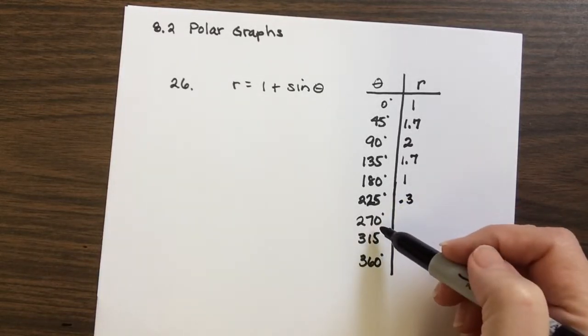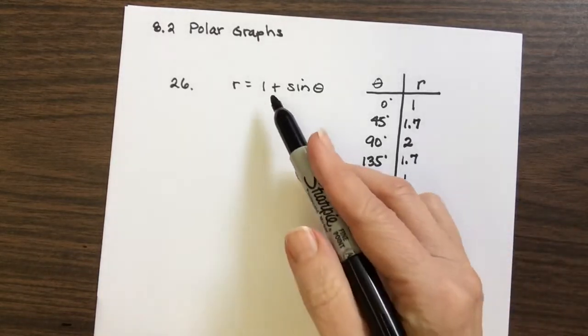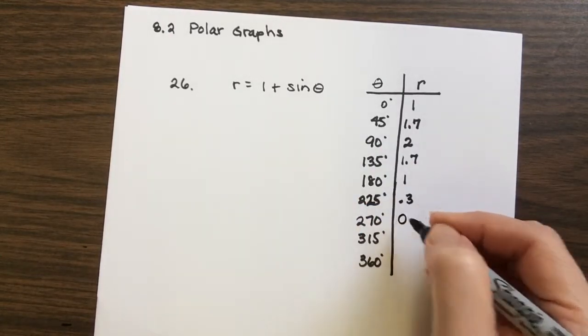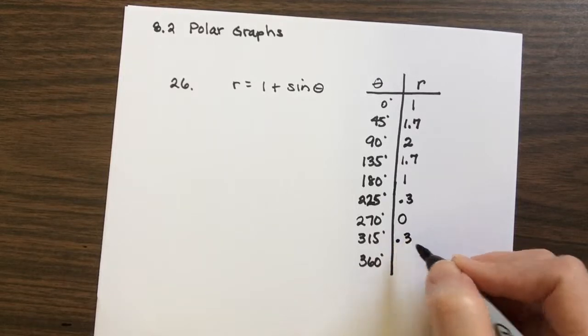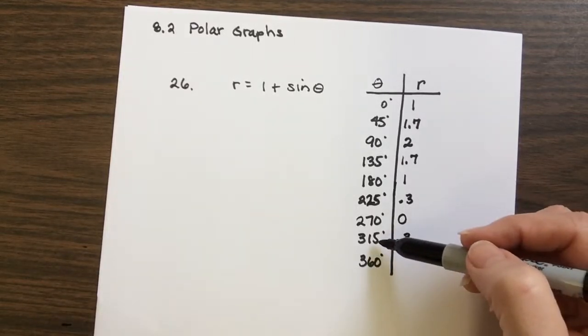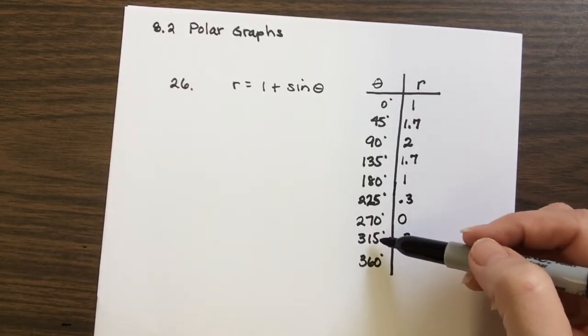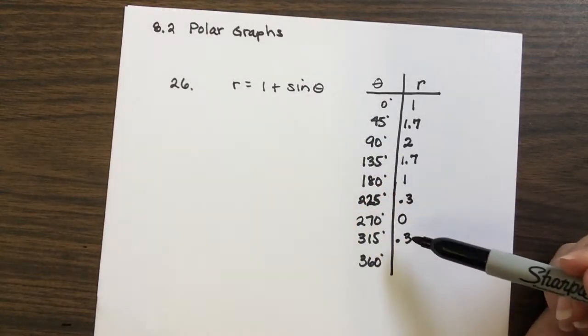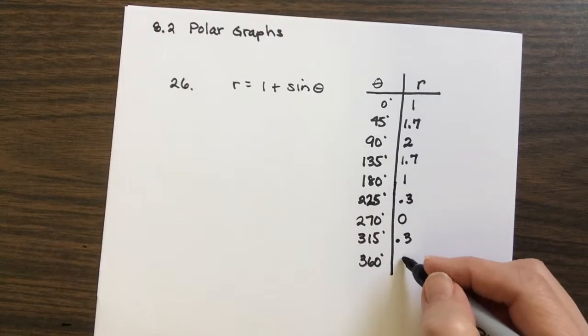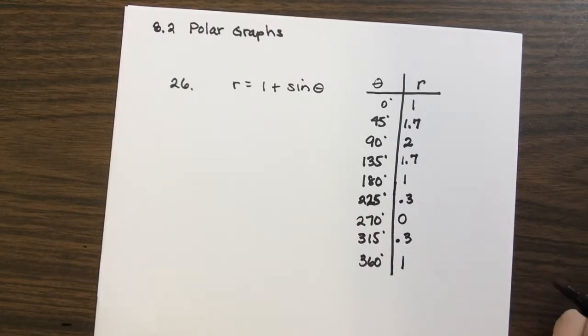The sine of 270 is negative 1, plus 1 is 0. The sine of 315, right, my reference angle is 45 degrees. Fourth quadrant's negative, so I'm back to 1 plus negative 0.7, or 0.3, and then I'm back to where I started from at 360 degrees.